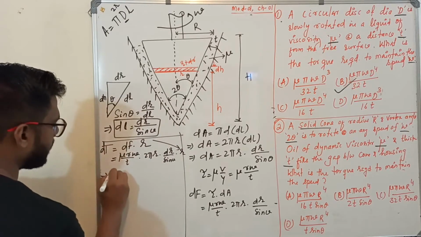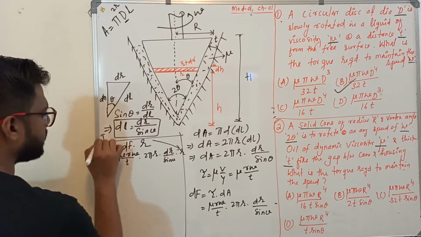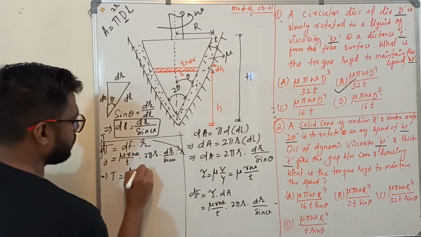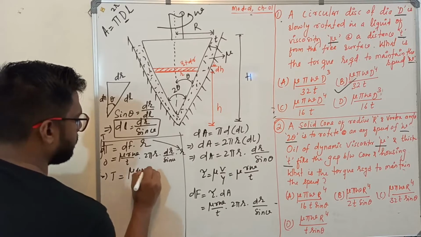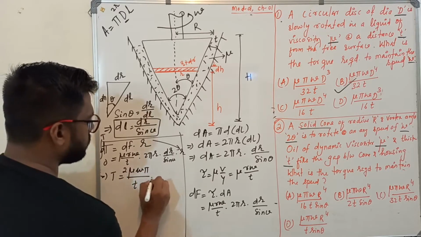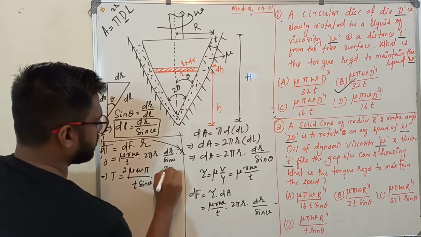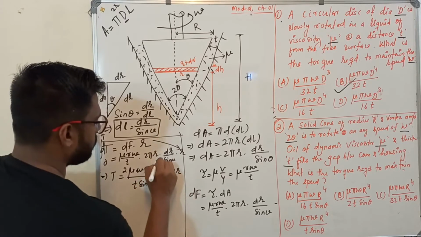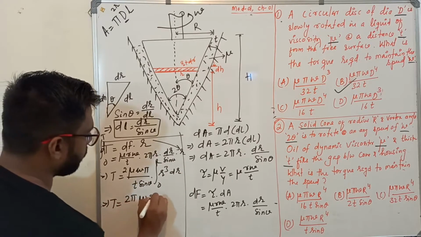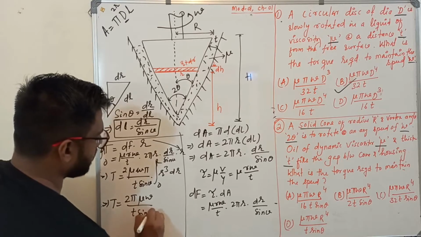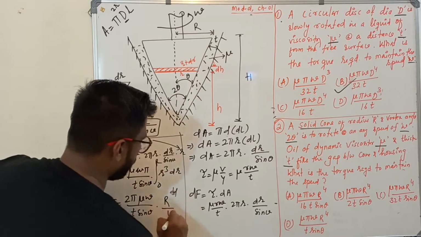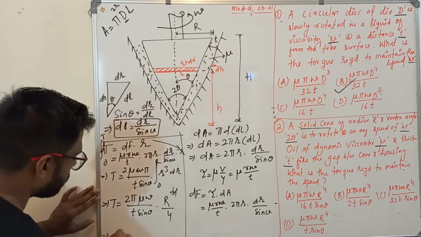So if you integrate from 0 to t, and here integrate 0 to capital R, you get 2 pi mu omega by t sin theta, r cube dr, 0 to capital R. So T is equal to 2 pi mu omega by t sin theta times capital R fourth by 4.